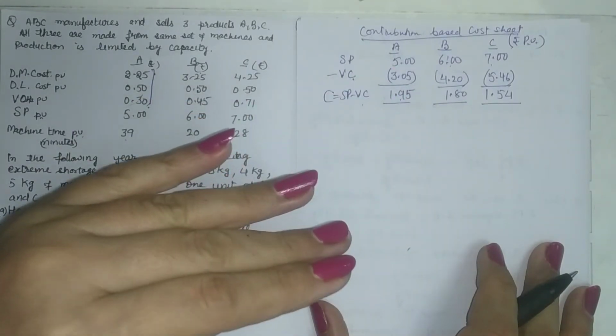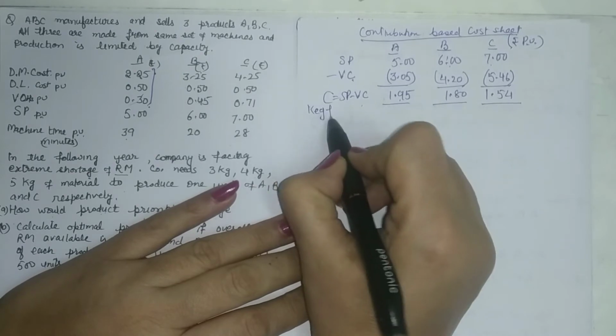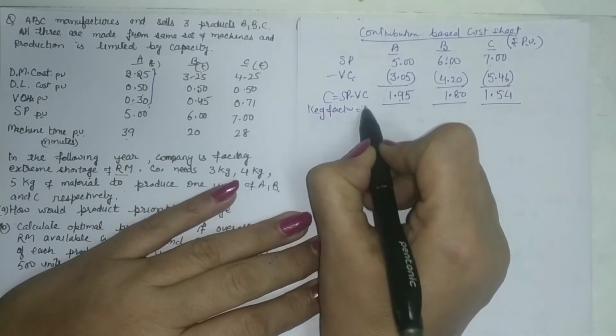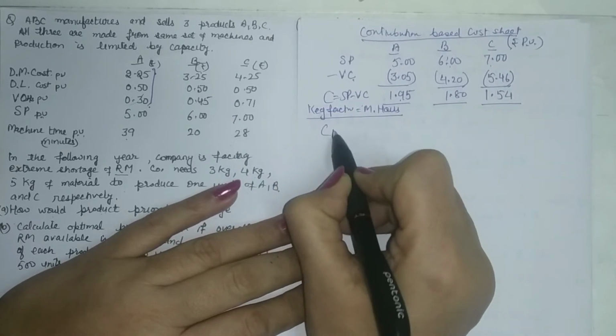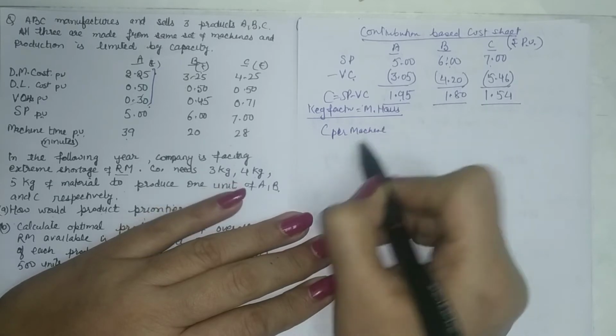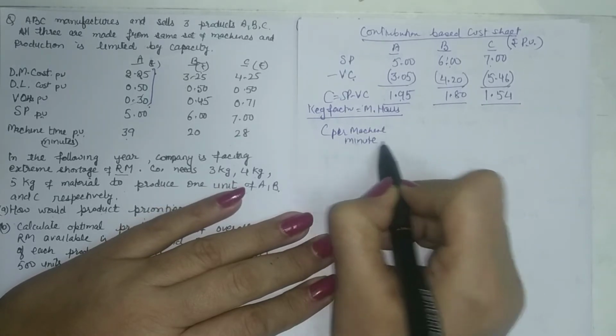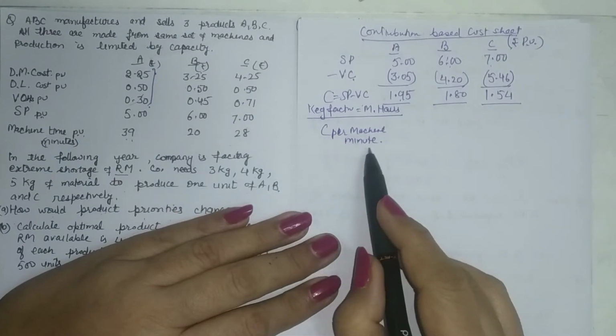But our resources are limited. So when you have machine hours as the key factor, we'll study contribution per machine hour, or per machine minute. Because we are given machine time in minutes, we can calculate contribution per minute.